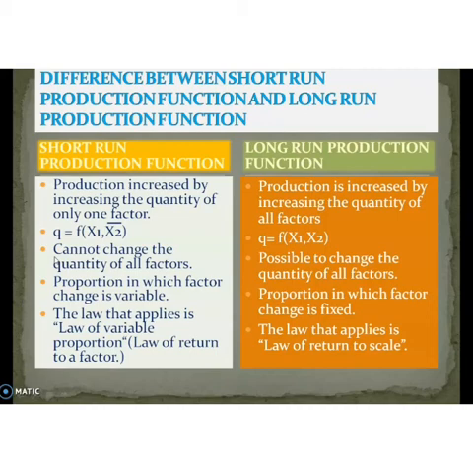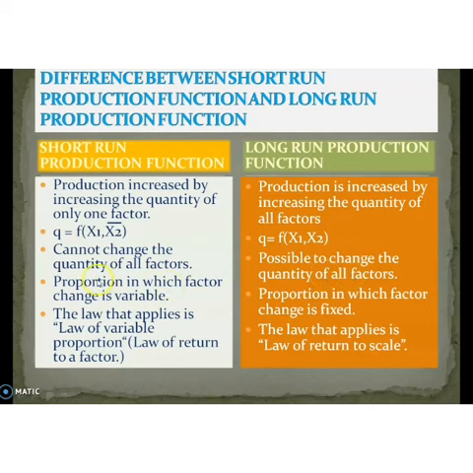There is one fixed factor, or there is only one variable factor. All other factors are fixed. So the producer cannot change the quantity of all factors. At the same time, in the long run production function, it is possible to change the quantity of all factors.